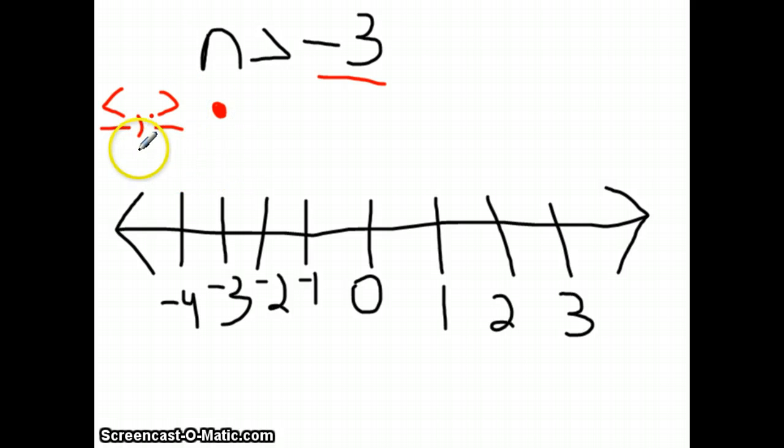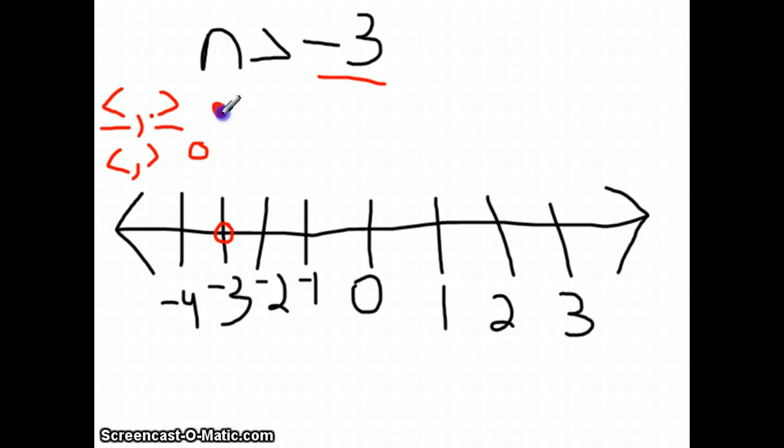Instead, we will be having an open dot. You can kind of imagine this, since -3 is not included. He's at the party with the rest of these numbers, but he's not included in all the fun, so he doesn't get his glass of fruit punch filled.